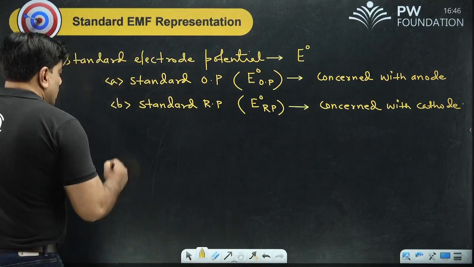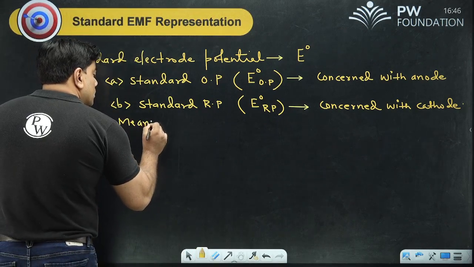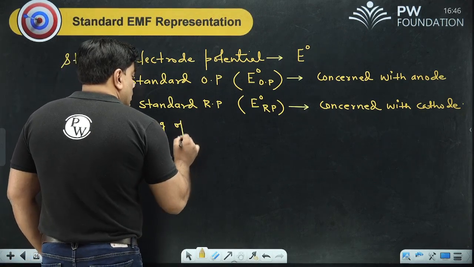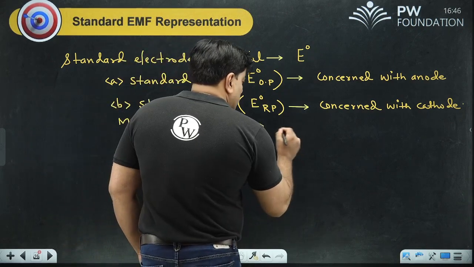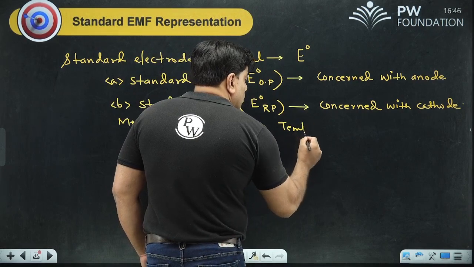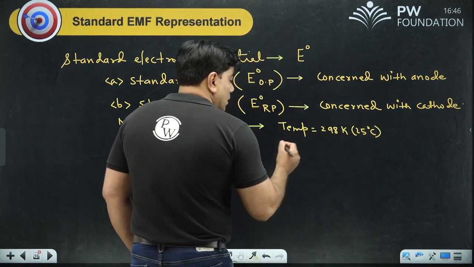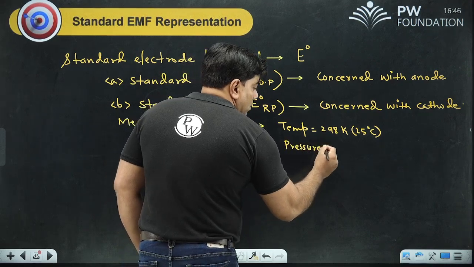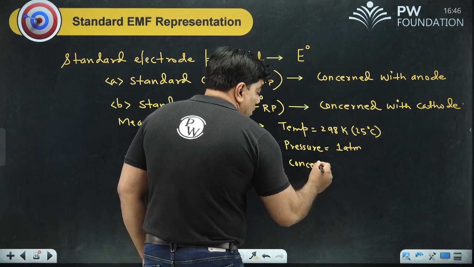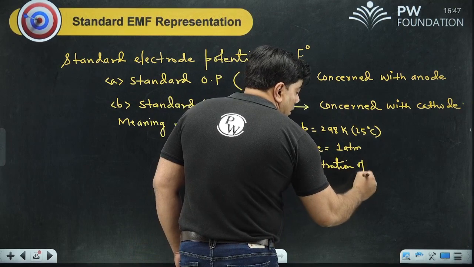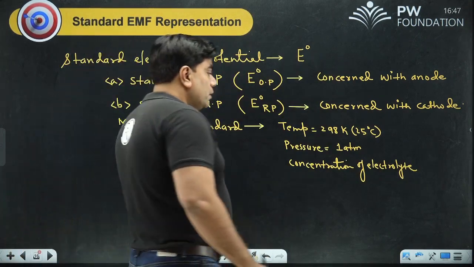What is the meaning of standard here? Standard means temperature must be 298 Kelvin or 25 degree Celsius, pressure must be 1 atmosphere, and the concentration of electrolyte must be 1 molar.